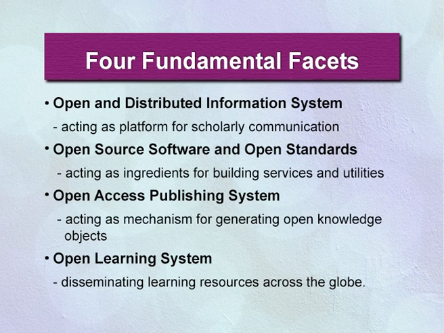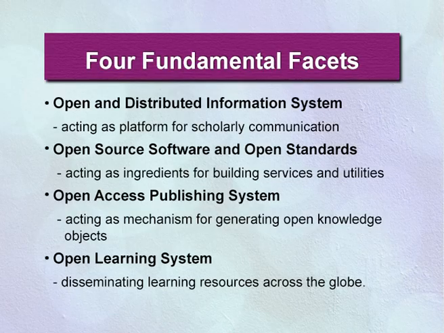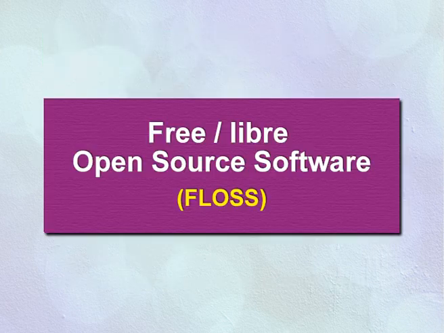As I told you, the open and distributed information system is acting as a platform for scholarly communication, open source software is acting as ingredients for building the services and utilities on this system, and 2 products we are getting, open access open contents through open access publishing and open learning system, because this particular video tutorial is also a product of open learning system.